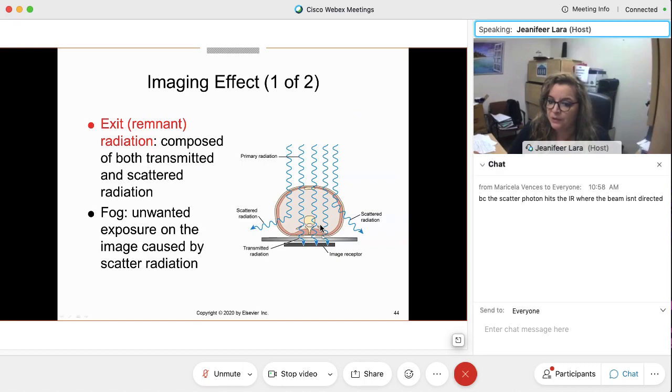But if it gets displaced onto another part of the image receptor, it is no longer representing the anatomy, the attenuation, the absorption of that anatomy. It's not representing it on the image. Does everyone understand that? I see a lot of blank stares. You're not convincing me that you understand it. Okay, I'll put that on the test. Maybe we'll do an essay.